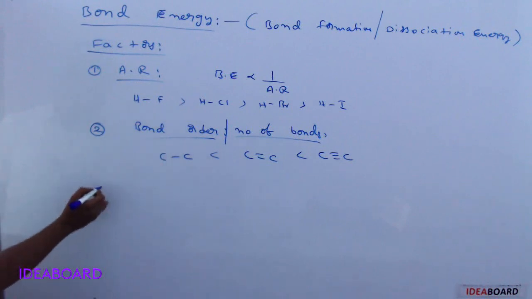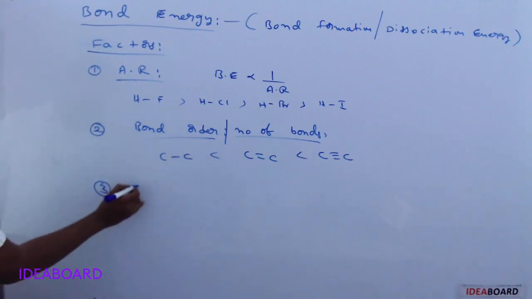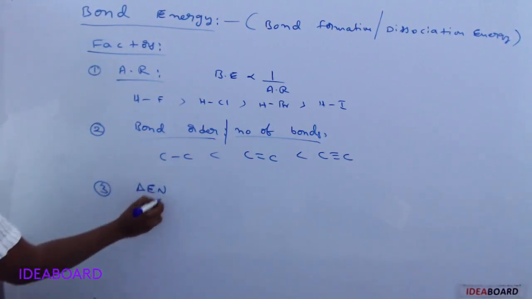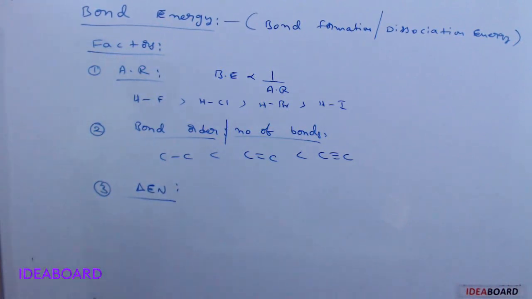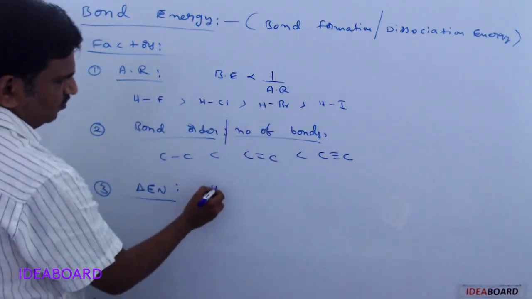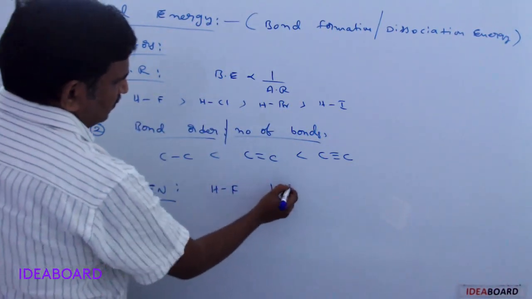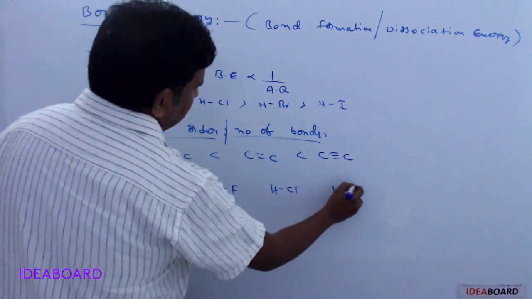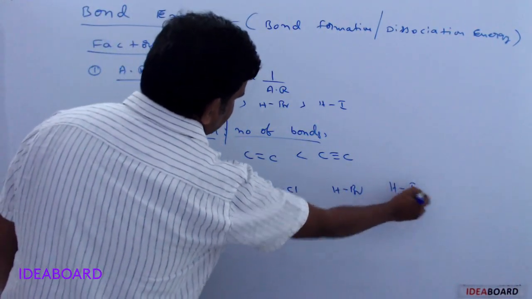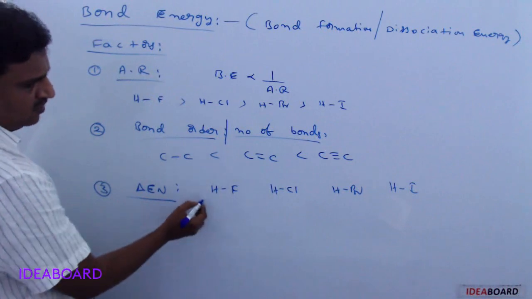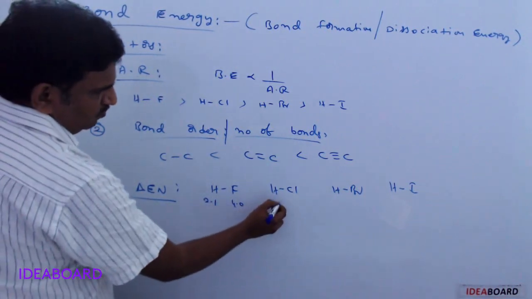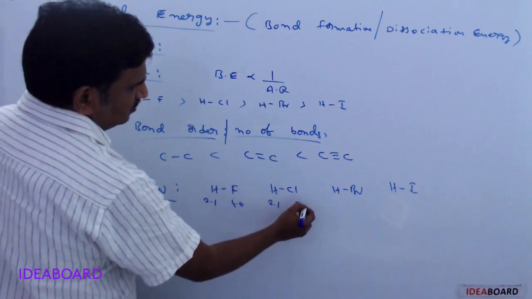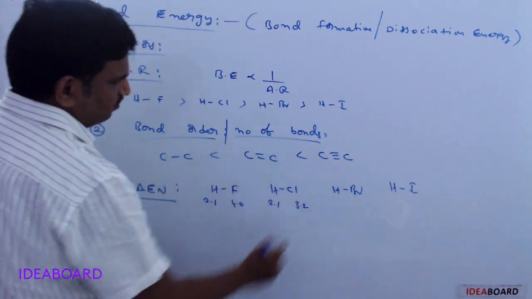That is simple. Next, the third one is electronegativity difference. Delta EN means electronegativity difference. We can take the same example: HF, HCl, HBr and HI. Here hydrogen is 2.1 and fluorine is 4.0; for chlorine it is 3.0 or 3.2, for example.